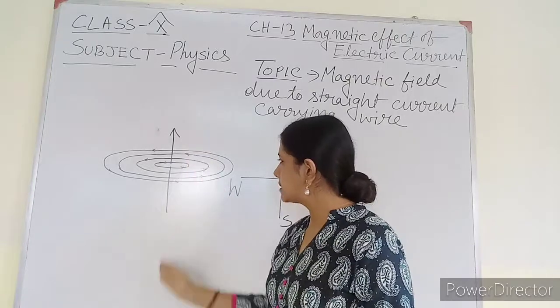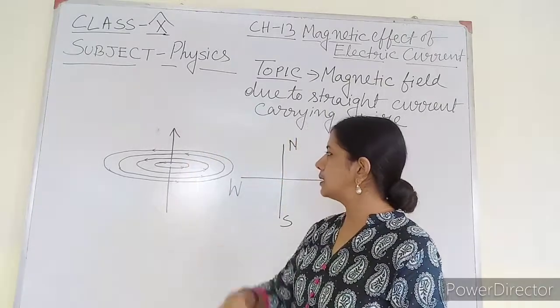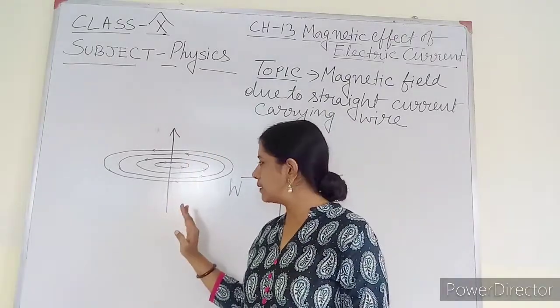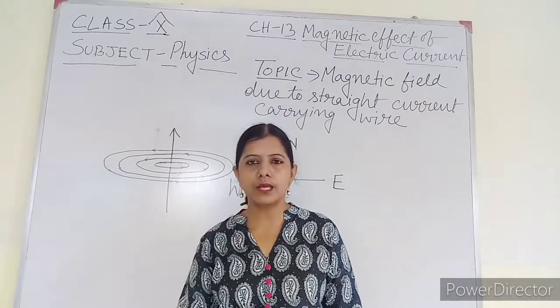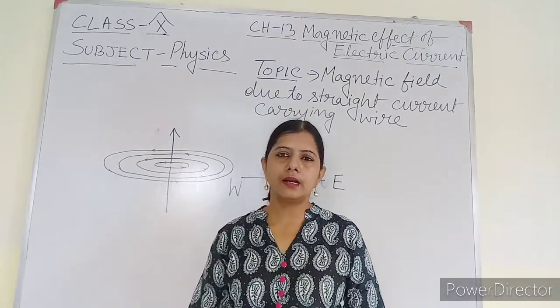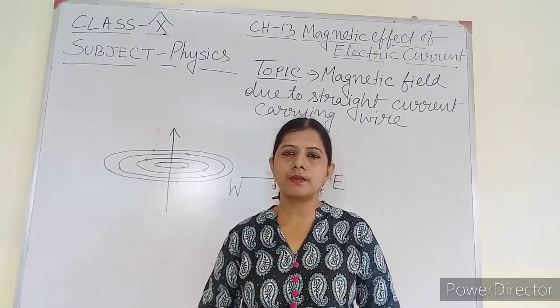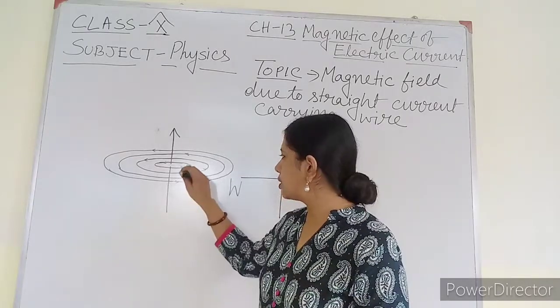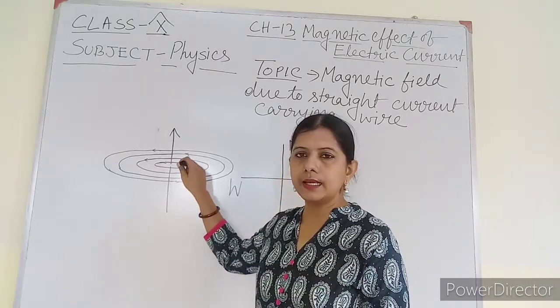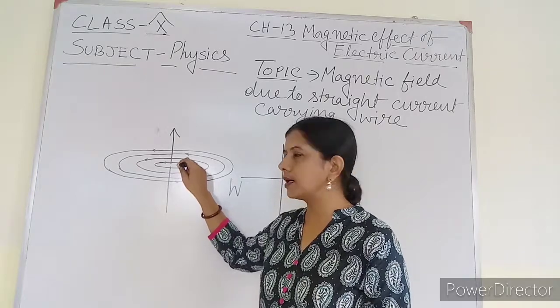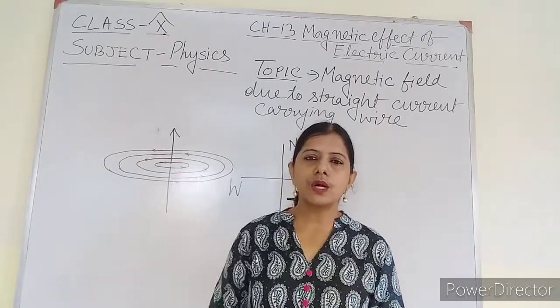Suppose the wire is the same, and I am increasing the amount of current. Previously 5 ampere current was flowing, now 10 ampere current is flowing. Previously I placed the compass needle here, and now also I am putting the compass needle here. So what will I find?